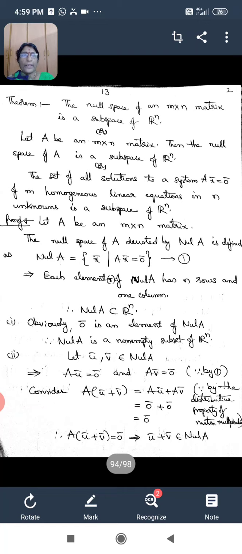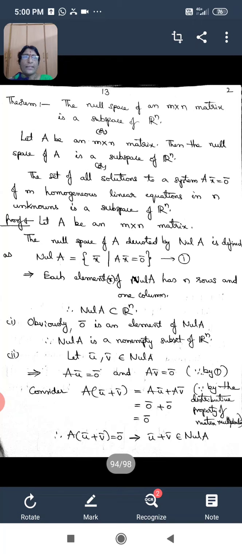So an m by n matrix multiplied to an n by 1 matrix gives you an m by 1 matrix. That is how we can see that 0 bar belongs to null A.